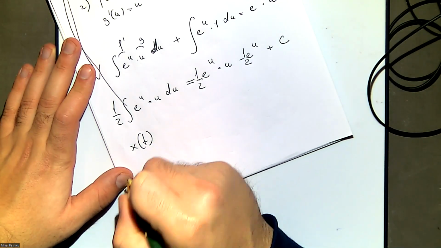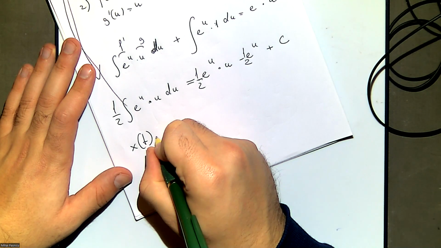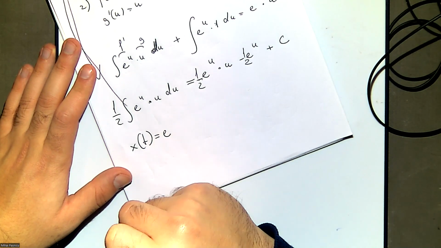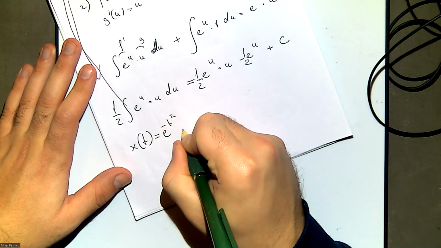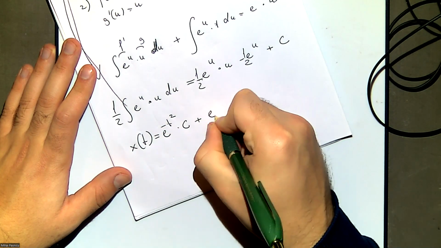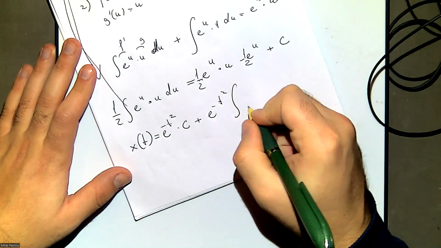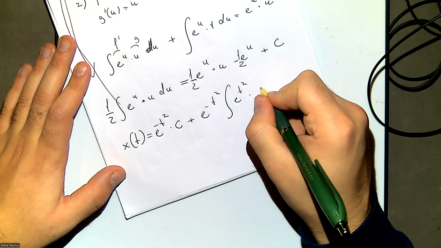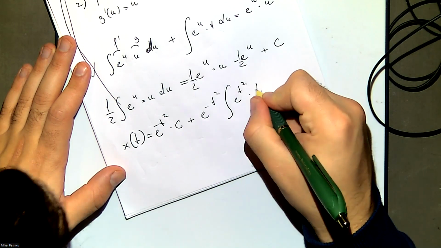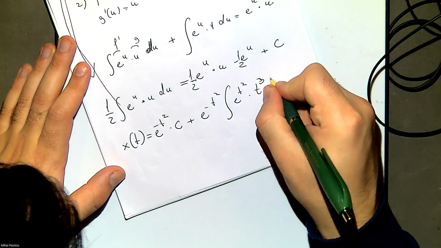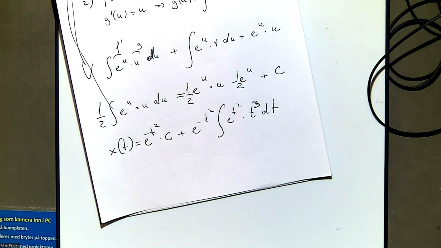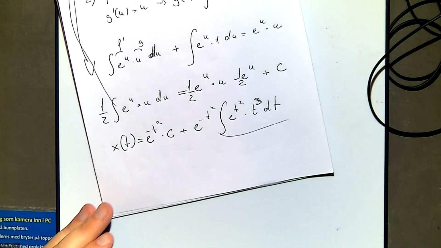It was something like x of t is equal to e^(-t²) times a constant plus e^(-t²) times the integral of e^(t²) t³ dt, right? I think this was the original equation we had.